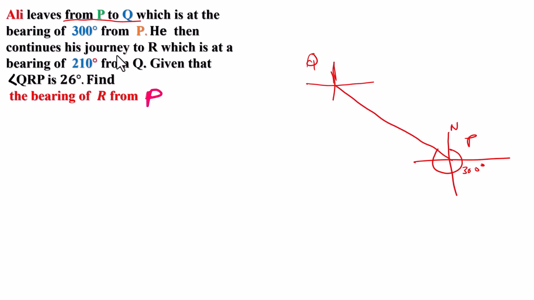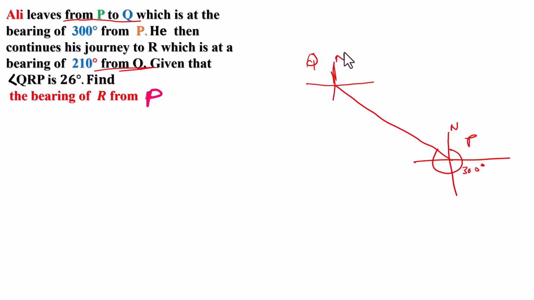He then continues his journey to R. So to R, it means from Q, at a bearing of 210 from Q. I'll measure 210 from here.